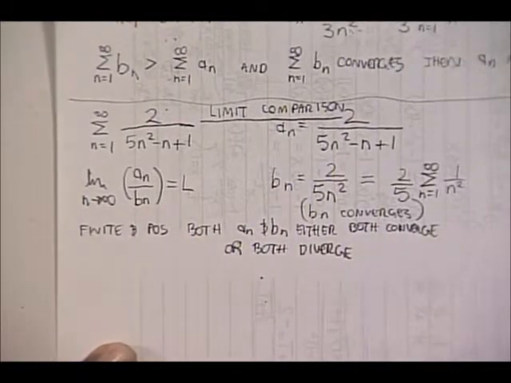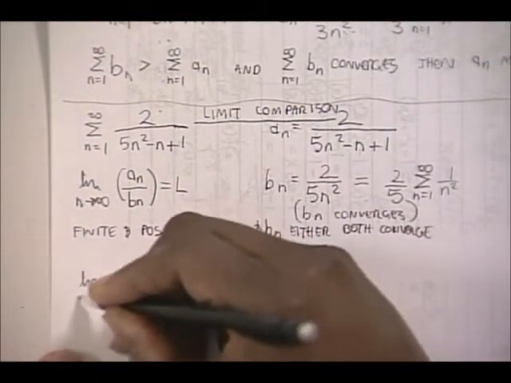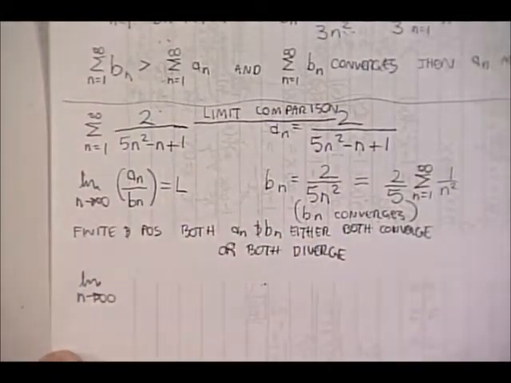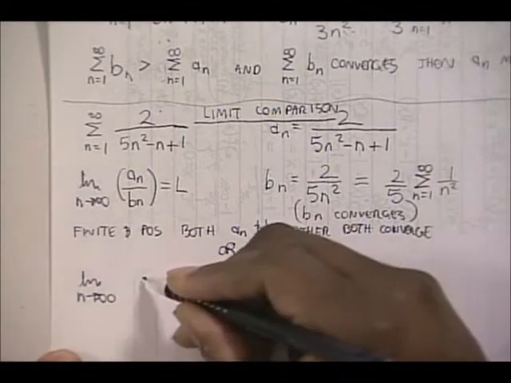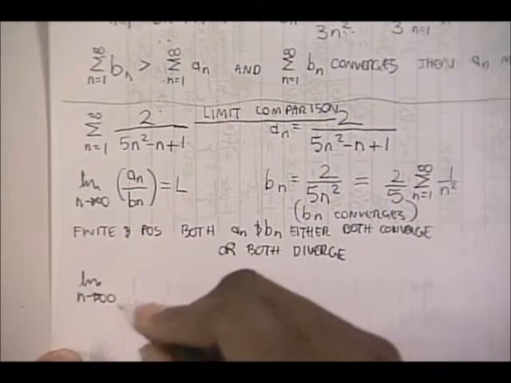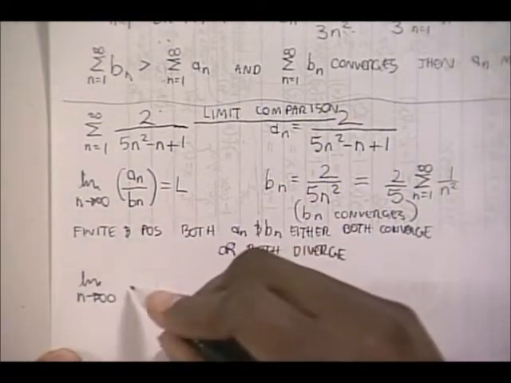So now what this limit comparison test says is if you take the limit as n approaches infinity of A sub n, which was the original problem, divided by B sub n, which was the expression that resembled A sub n that you know something about. If you divide those and you take the limit of the quotient, let's do that right now.